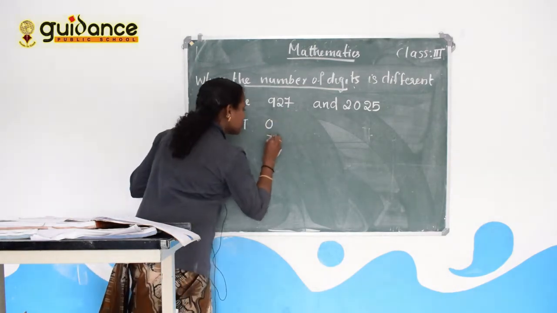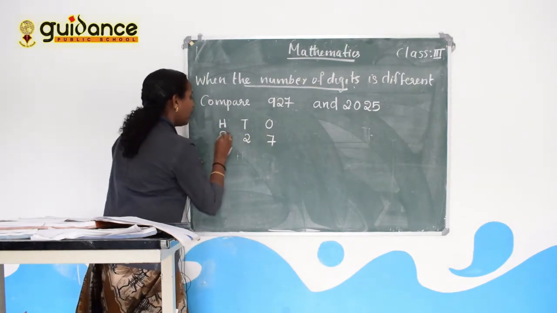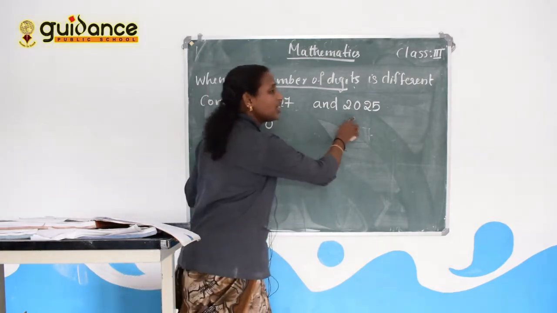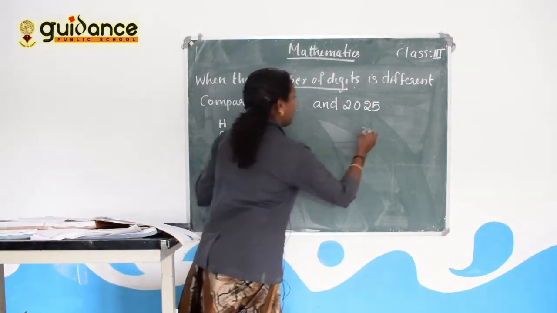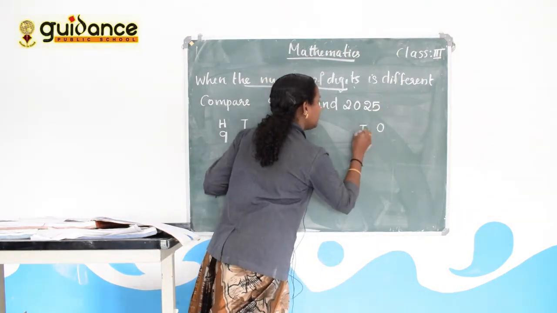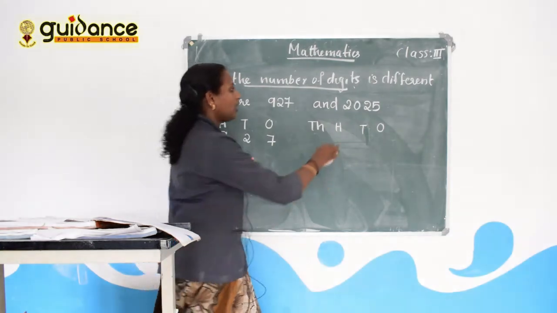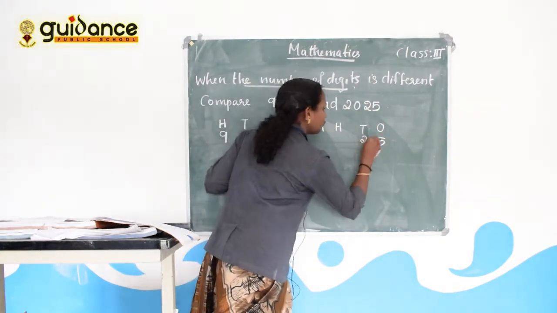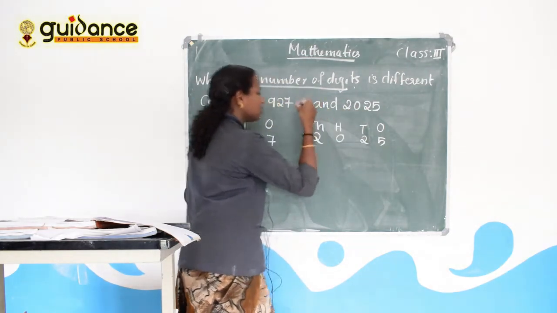The ones is 7, tens is 2 and hundreds is 9. And also write the second number in the place value form, that means ones, tens, hundreds and thousands. The ones is 5, tens is 2, hundreds 0, thousands 2.